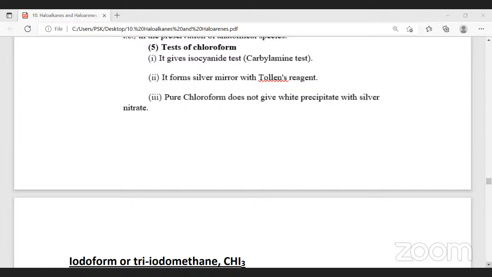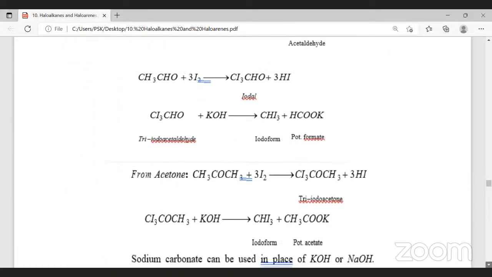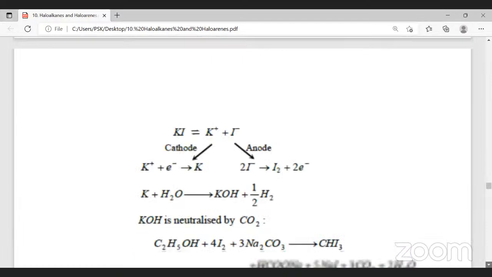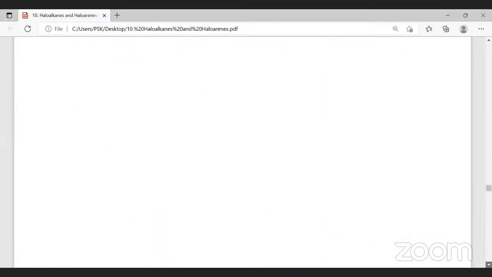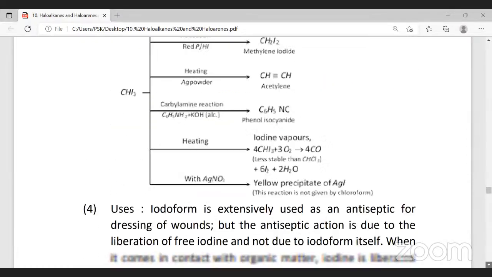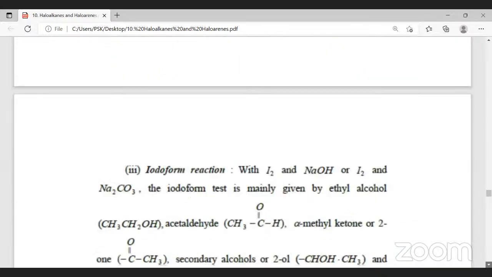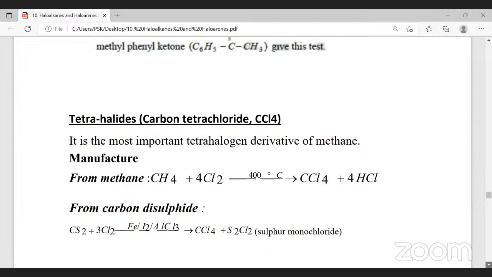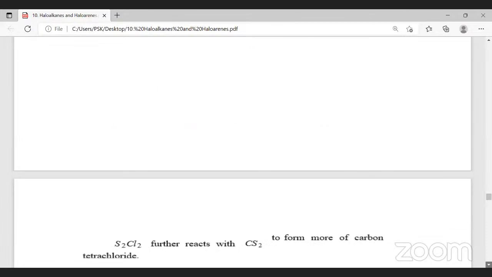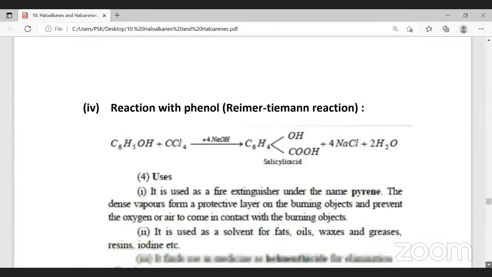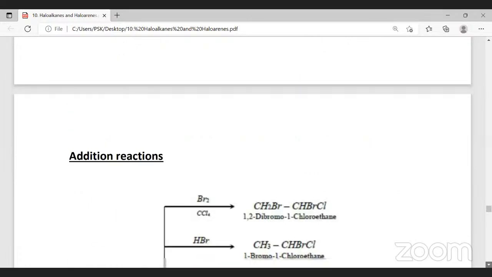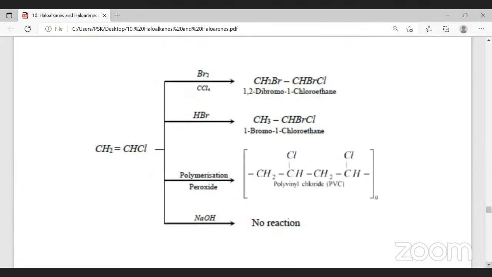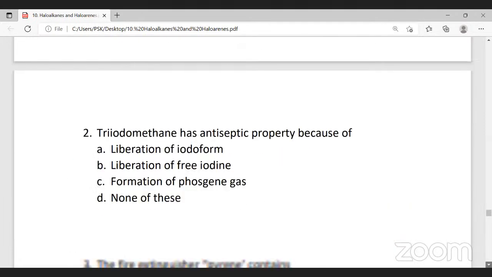What chapter will you do next after this? Sir, aldehyde, ketone, carboxylic acid, sir. Well, we'll continue with organic chemistry only. Yes, sir. Okay. So many reactions are there.